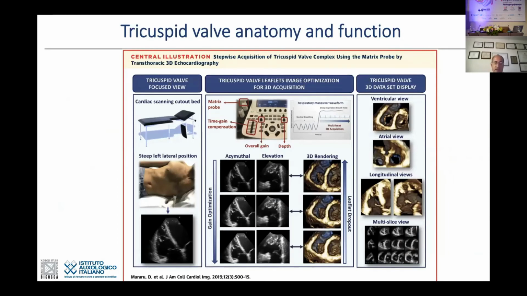I told you that with transthoracic echocardiography we can see the valve in the majority of our patients, but we need to know how to acquire.